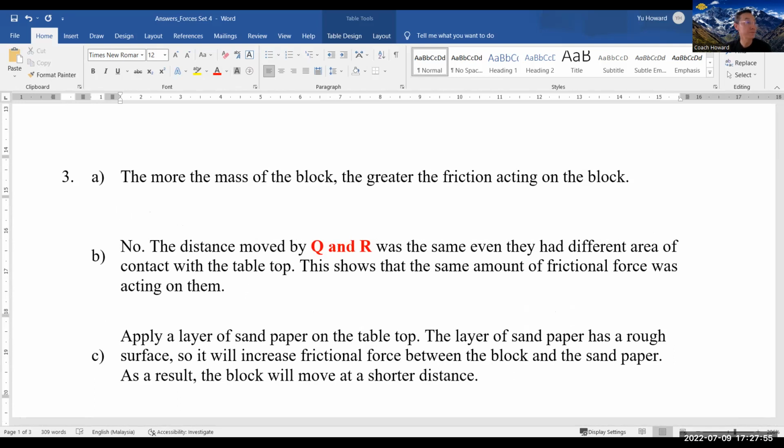Because they were the same, as you can see. Because Q and R same mass. Even the distance moved was the same, even they have different area of contact. So you take note of this part.